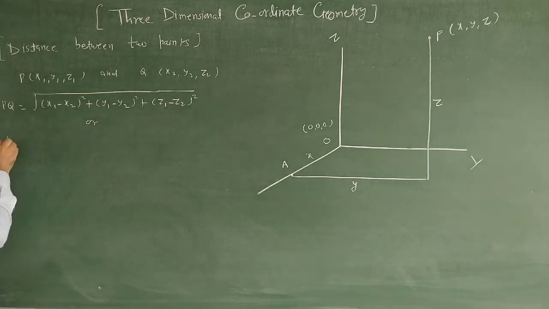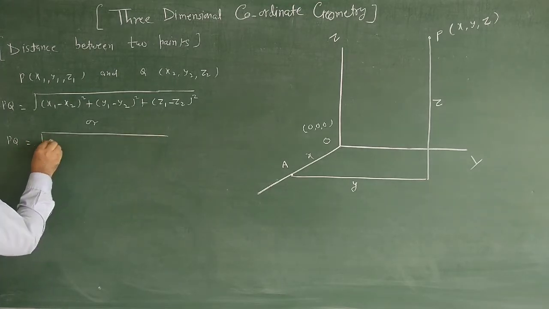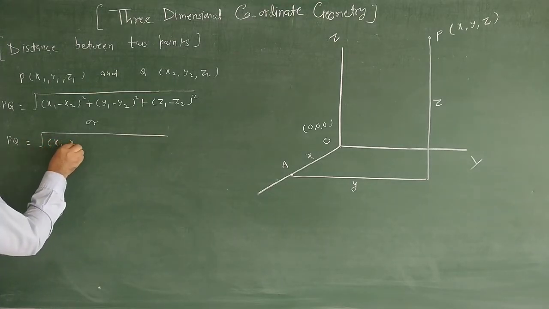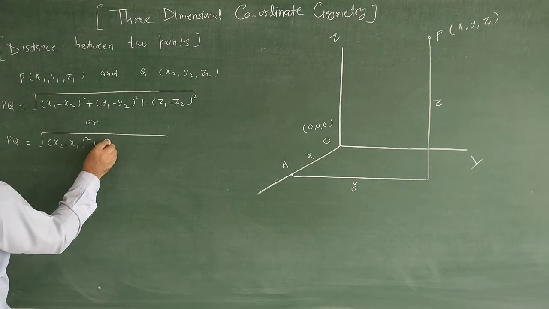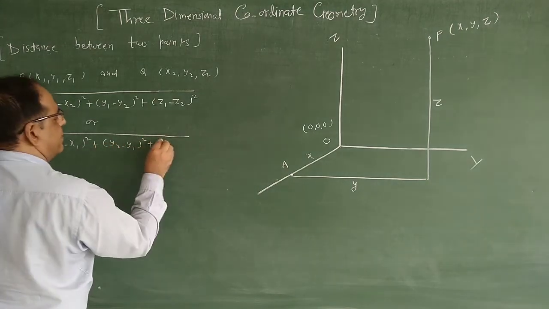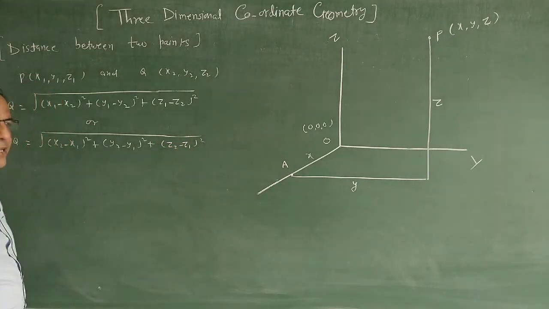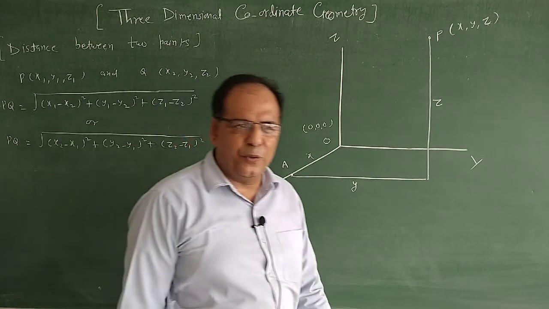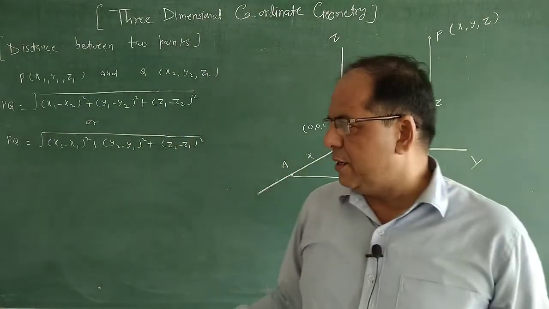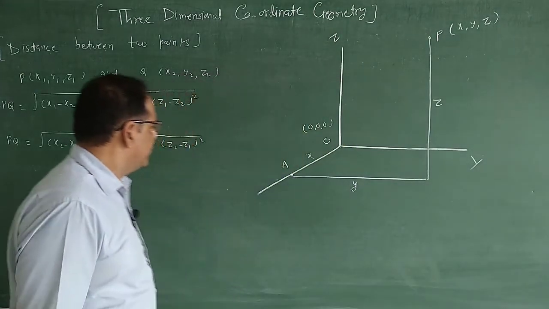There is no difference if we use y2 minus y1 and z2 minus z1. So if the coordinates of 2 points are given, we can find the distance between them using this formula.